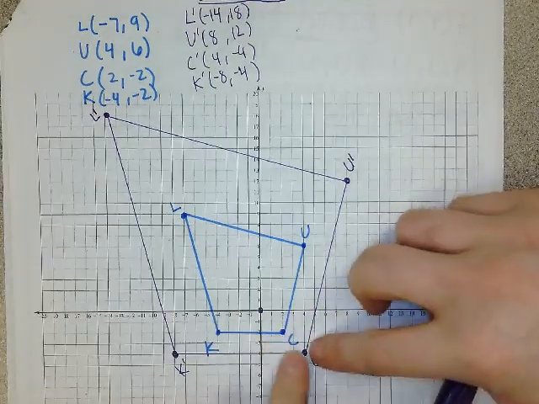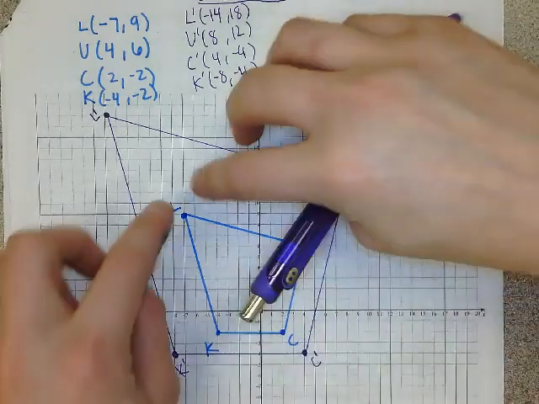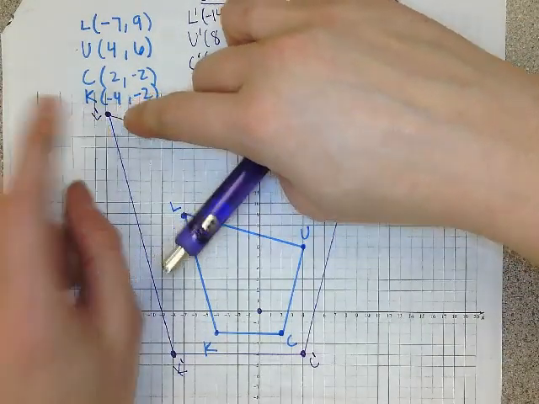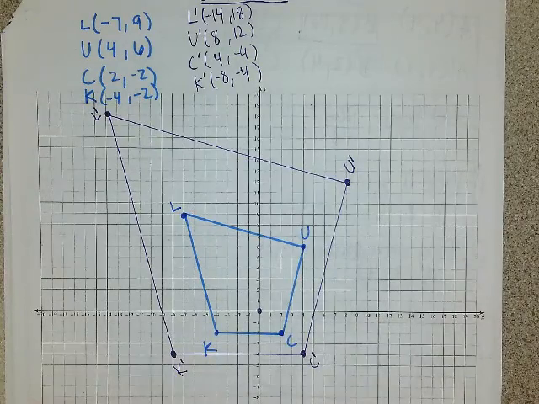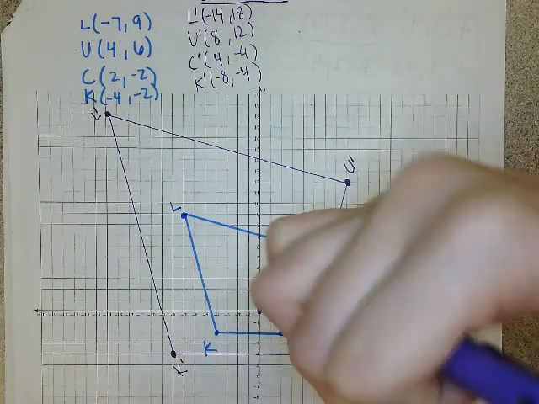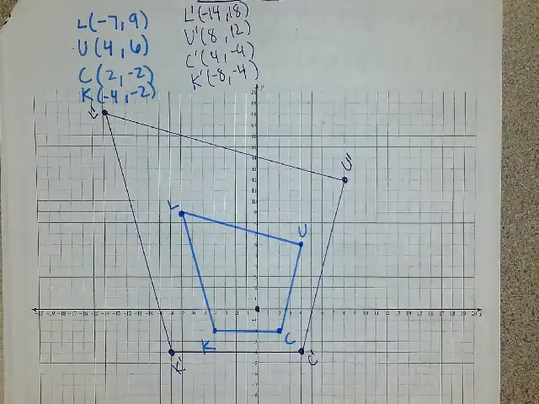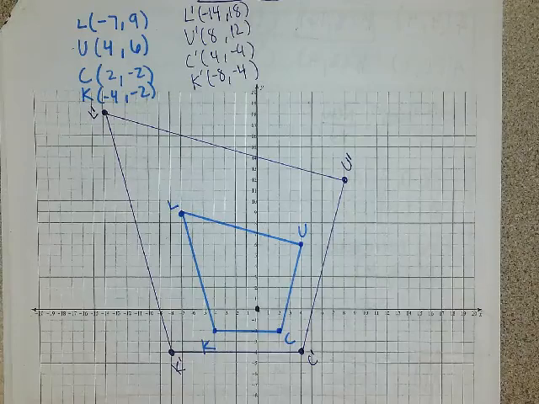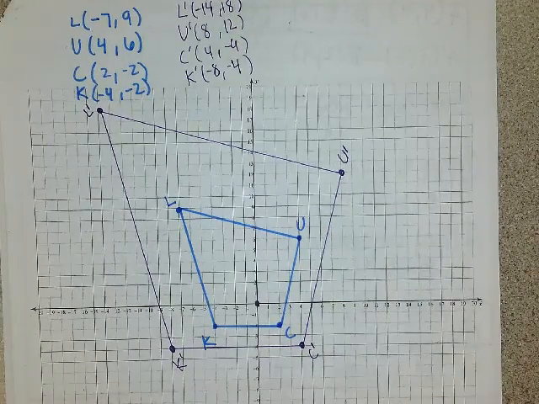Okay, so C and C prime didn't move that much, right? But L and L prime did. Why do you think that is? So our center of dilation is the origin. So look at C and L compared to the origin.